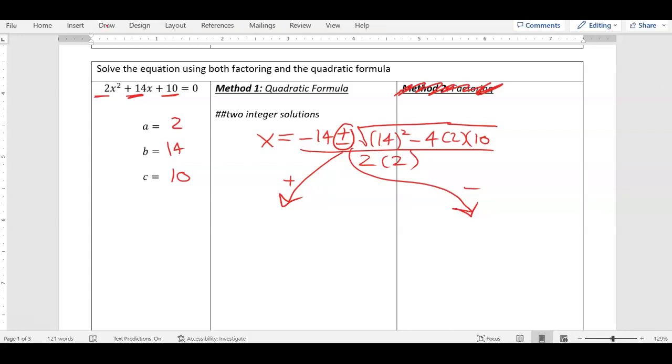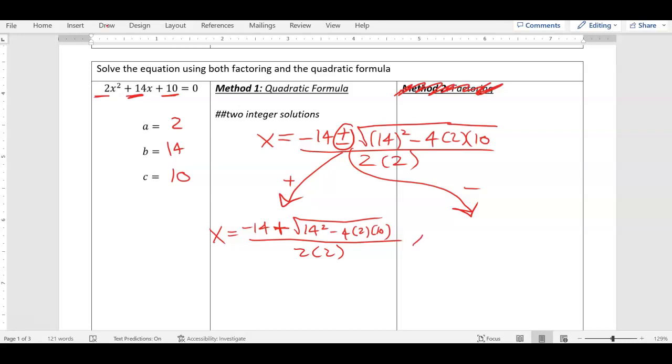Ready? So I got x equals negative 14 plus the square root of 14 squared minus 4 times 2 times 10, divided by 2 times 2.